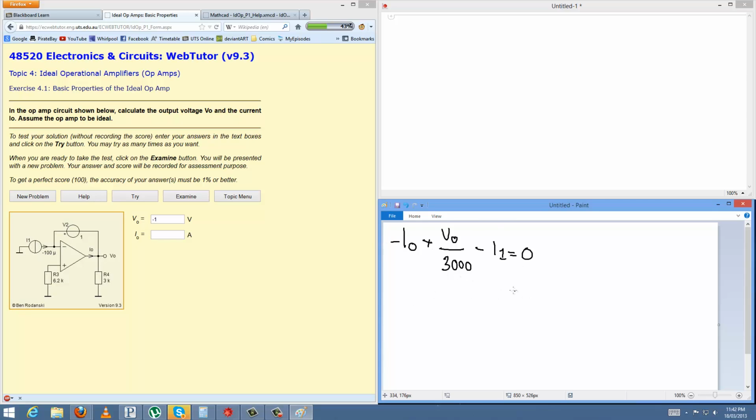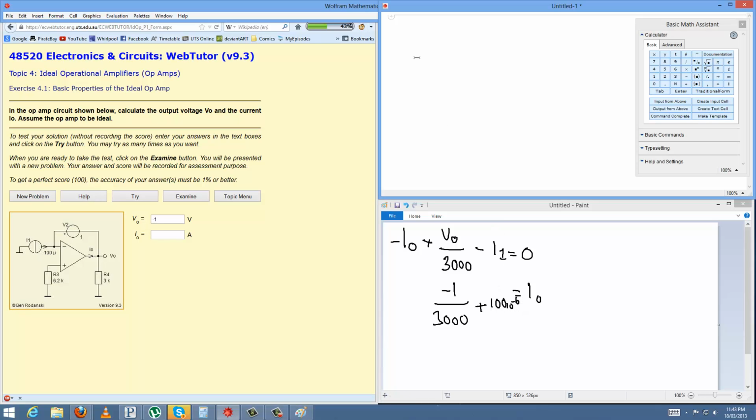We'll bring IO across. We have -1 for VO on 3000, minus 100 micro, so it's 10 to the -6. Then we'll shove that in there. Hopefully that'll give us our proper answer.